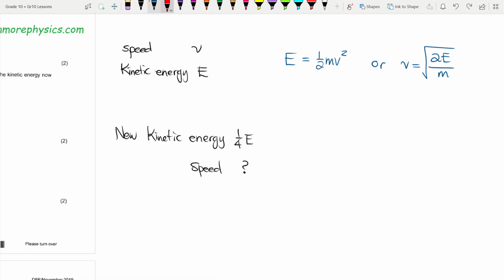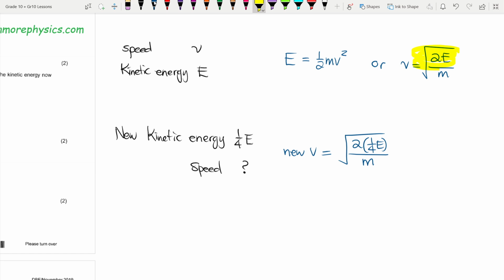Okay, so this is going to be V is equal to, now I'm actually not going to have V there, I'm just going to say new V is equal to the square root of 2, now the E changes to 1 over 4E, so I'm just going to have 1 over 4E like this, divided by M, but I need to isolate this thing.